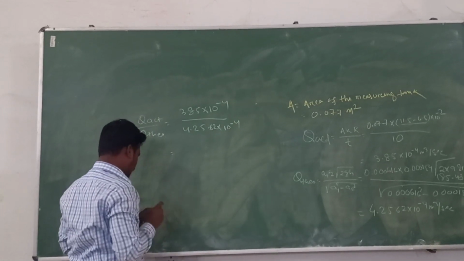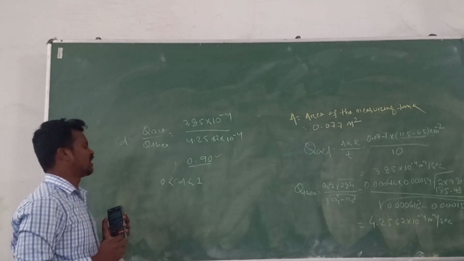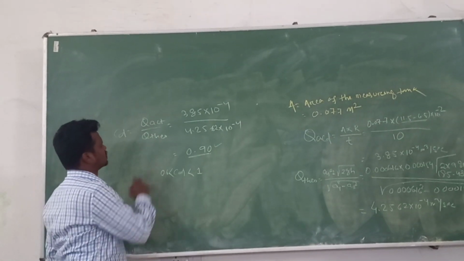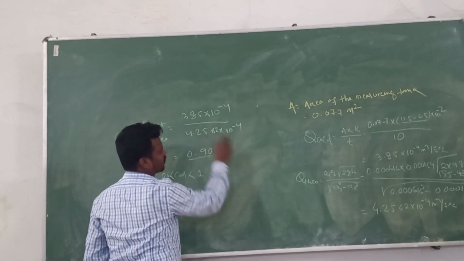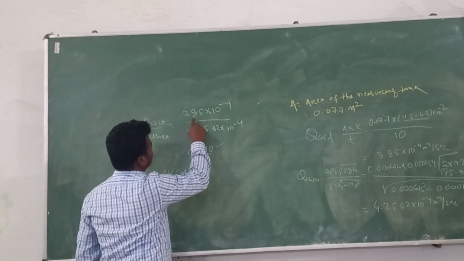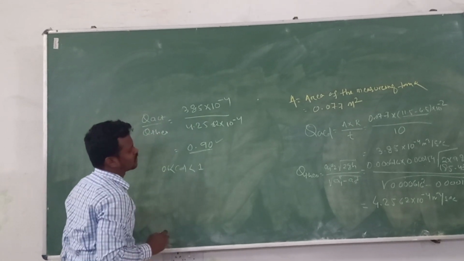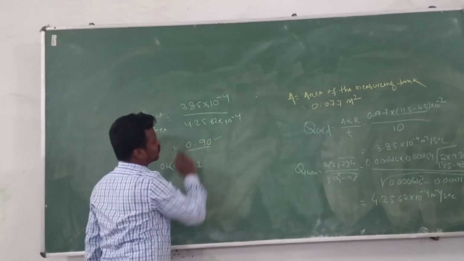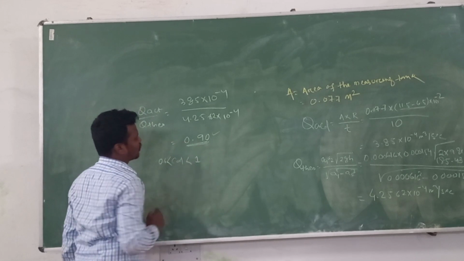So the value of CD comes out to be 0.90.